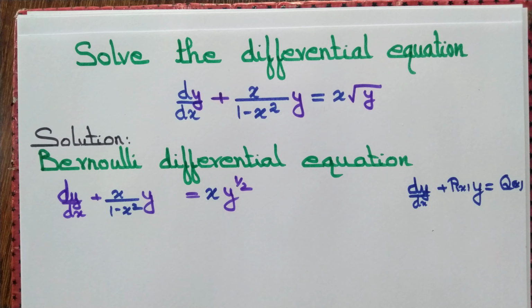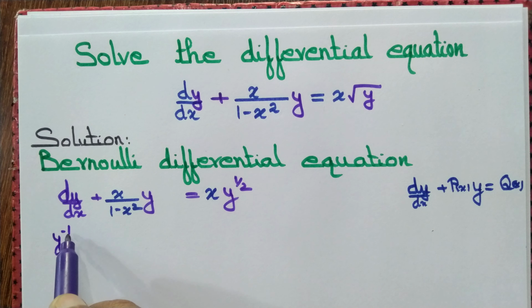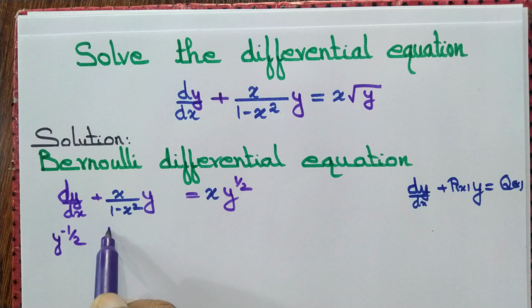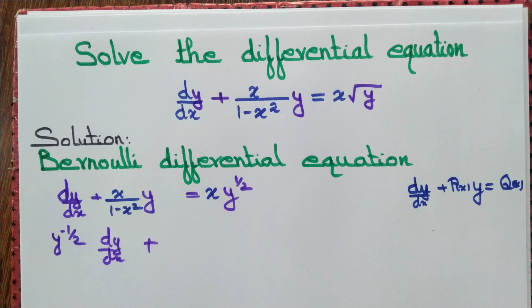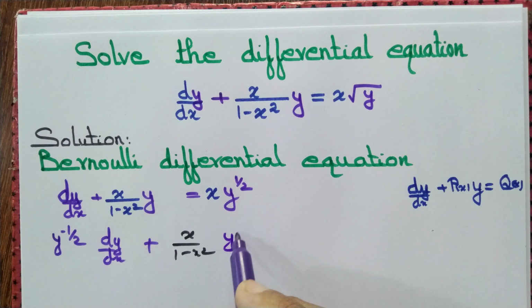Let's do it. When we multiply by y to the power minus half, we get y to the power minus half dy by dx plus x by 1 minus x square times y to the power plus half equal to x.